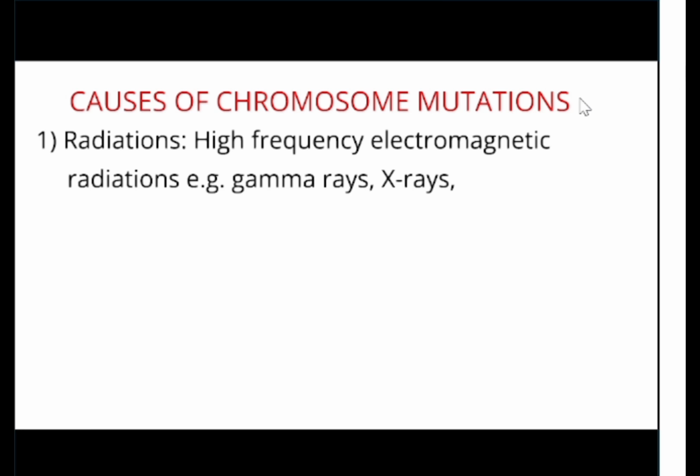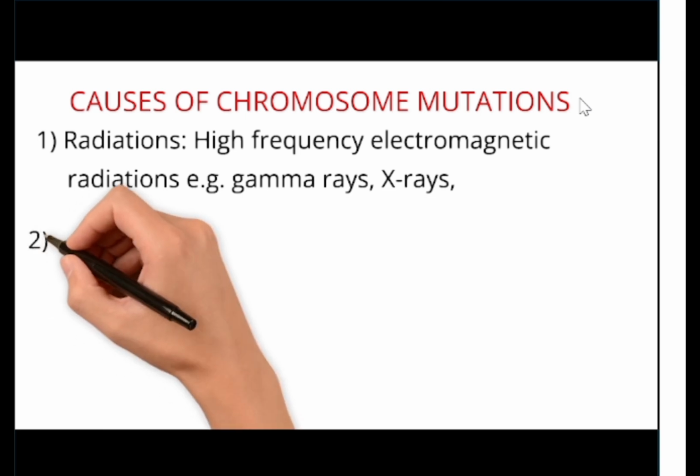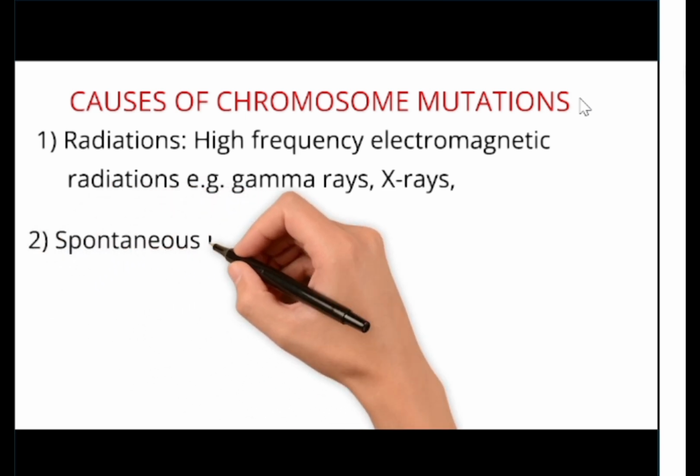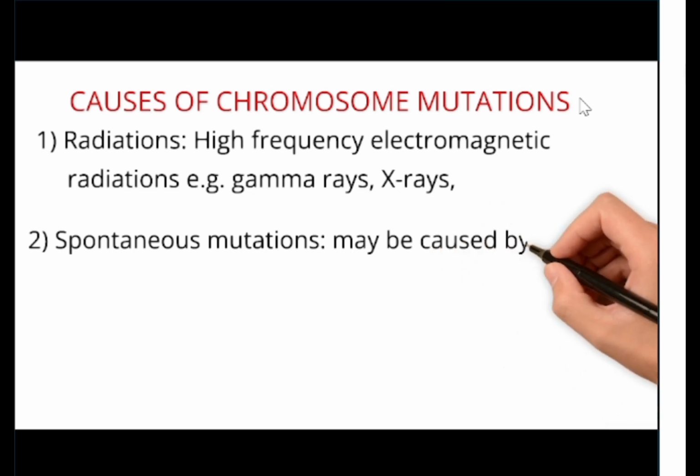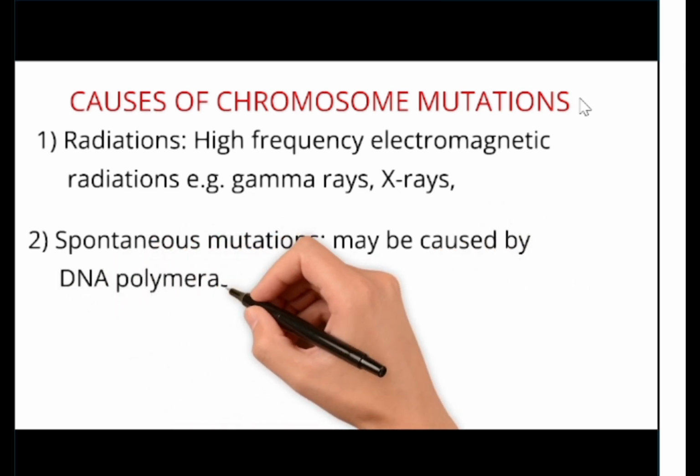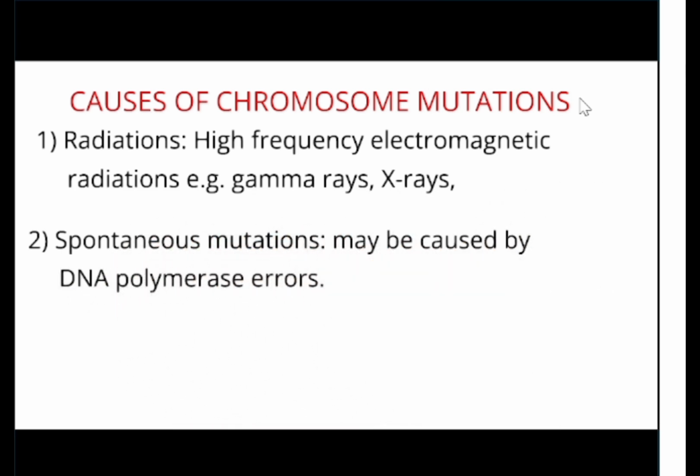The second cause of chromosome mutation is that chromosome mutation can be spontaneous, that is spontaneous mutation. Spontaneous mutation may be caused by DNA polymerase error. And you know that DNA polymerase is the enzyme that replicates DNA during cell division.